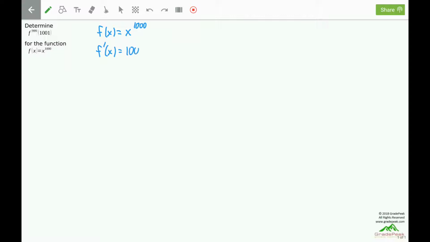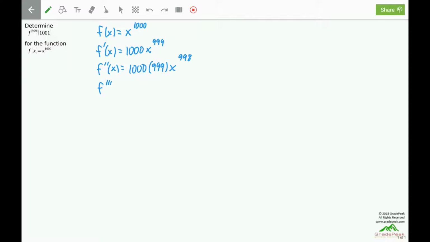The first derivative will bring down the 1000, subtract 1 from the power. The second derivative will bring down the 999, subtract 1 from the power.